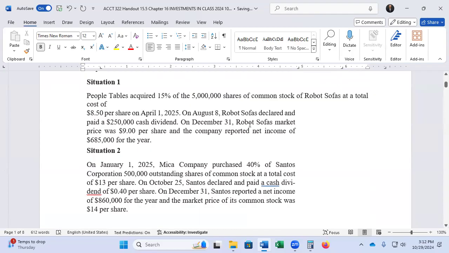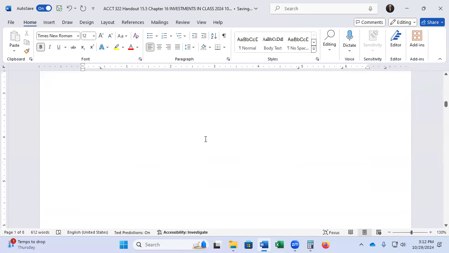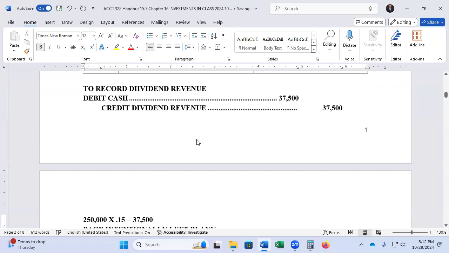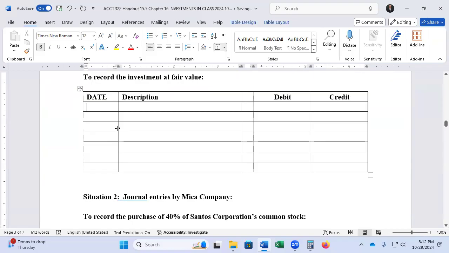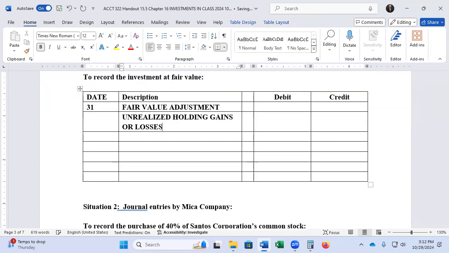Okay, now it says that the market price was $9 per share on December 31st. And so we have to record the investment at the fair value. And so we have fair value adjustment. And then a credit to unrealized holding gains or losses. And how do we calculate that?